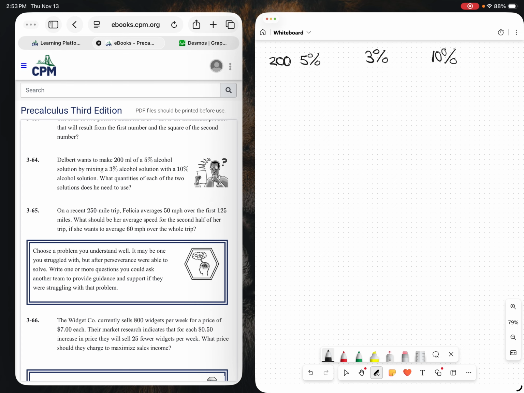Okay, so we'll name the 3% X, we'll name the 10% Y. We know that when we add those two solutions together, it has to equal 200 milliliters. Okay, and then we put our percentages in this. So we have 0.03 of X plus 0.1 of Y, and it must equal 0.05 of our 200 milliliters of solution. Okay, and then we're solving a system.